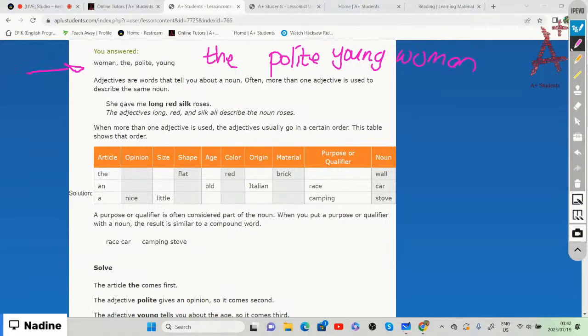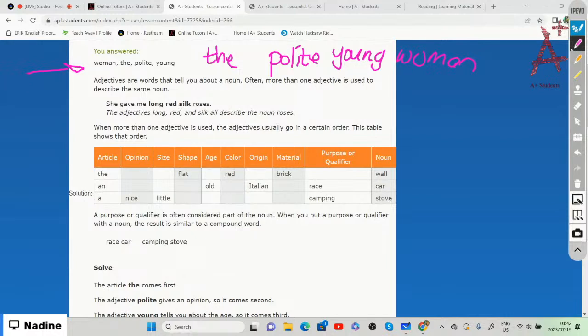So the is the article, which is first. Polite gives our opinion, so it's either polite or being nice, it is our opinion. And young tells us about the age.